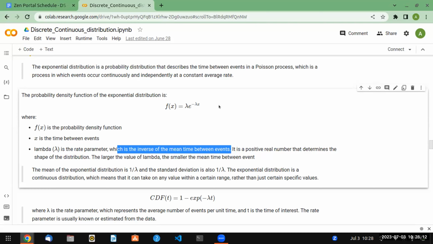If I say 1 by a, that means a to the power minus 1. So whenever you see something per second, that is the rate parameter.